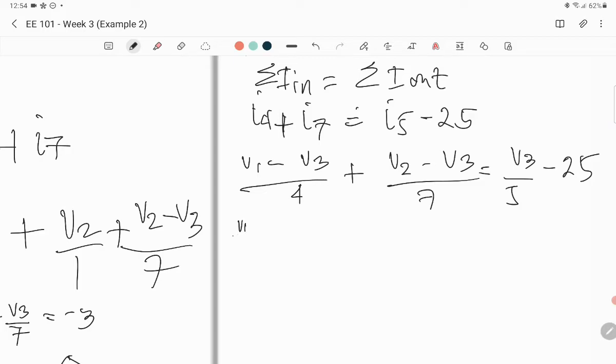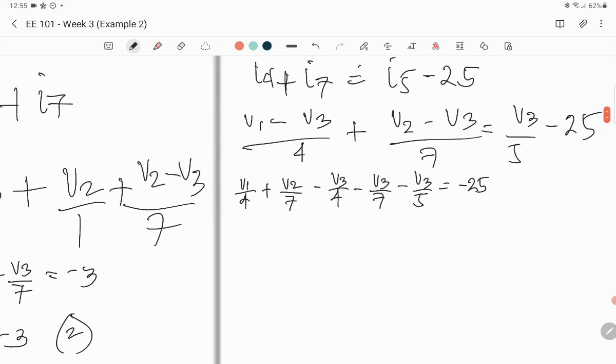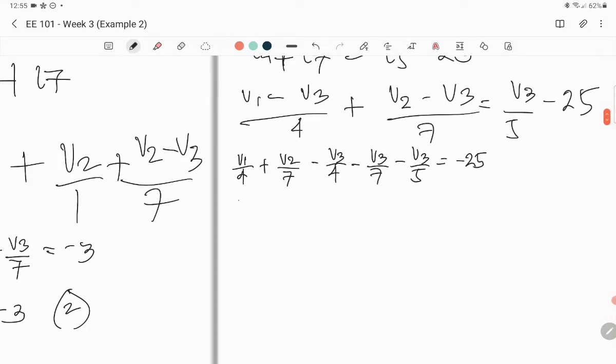So we have V1 over 4 plus V2 over 7, minus V3 over 4, minus V3 over 7, minus V3 over 5 is equal to negative 25. Then we will just combine like terms. We have here V1 over 4 plus V2 over 7.